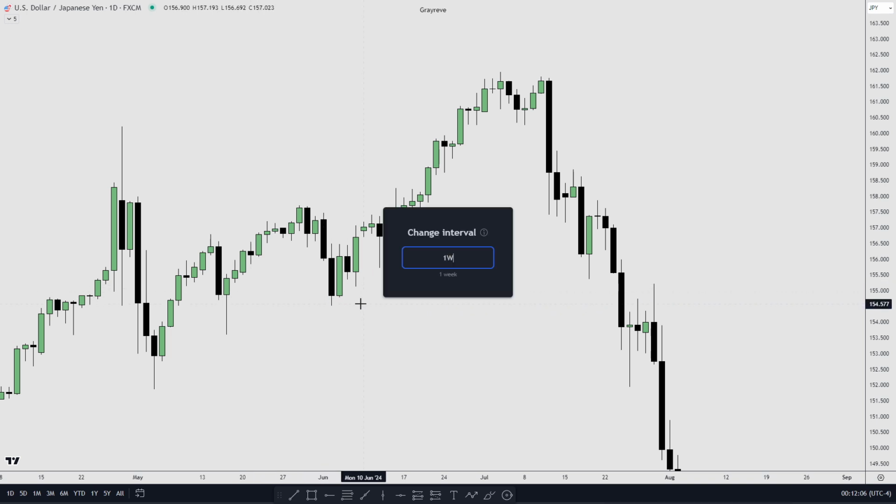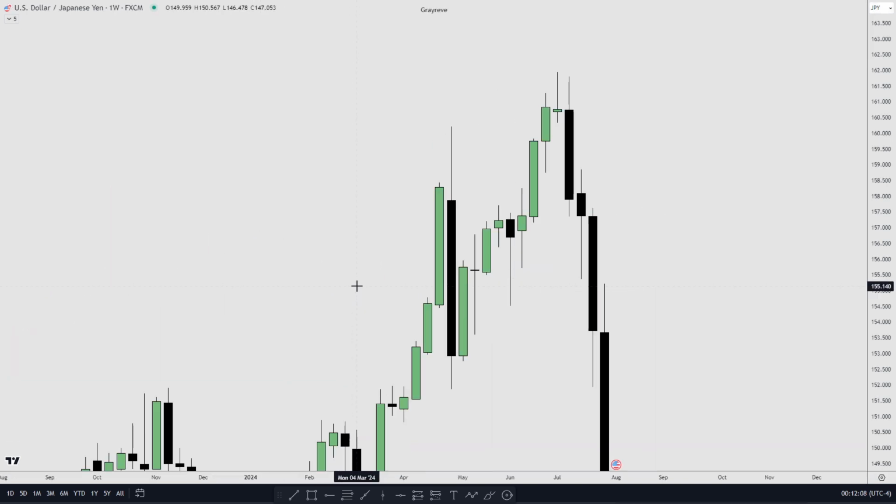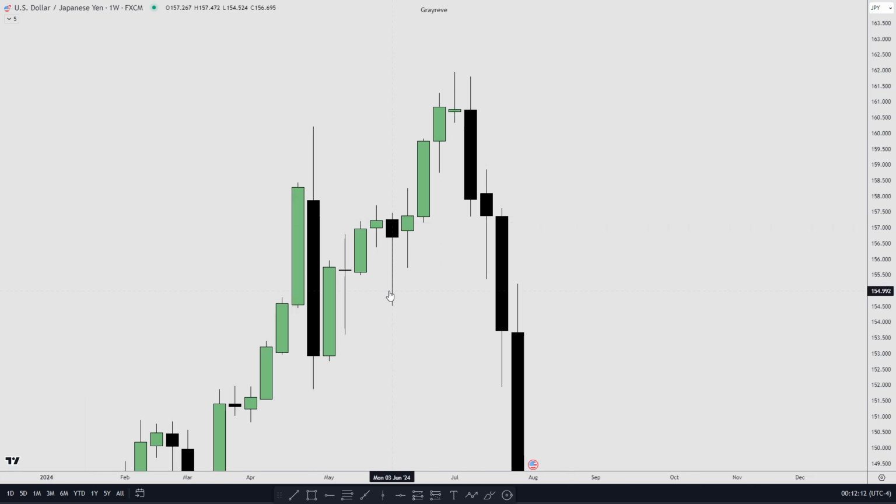So on a weekly time frame, if you don't want to use the daily time frame as your entry or your stop loss, you just want to stay on a weekly time frame, possible. You have to understand that right here you have a near-term swing high, and this is a possible breaker on the lower time frames.